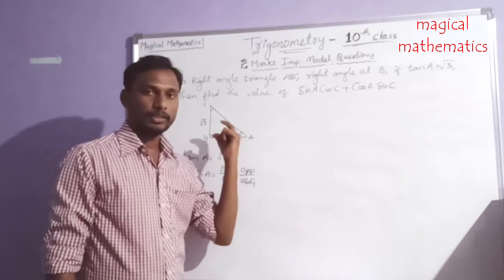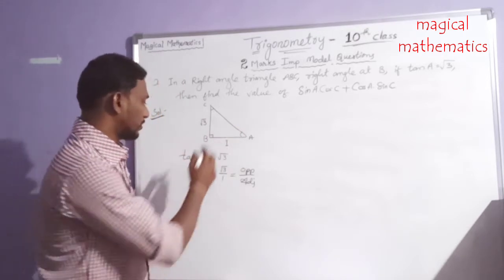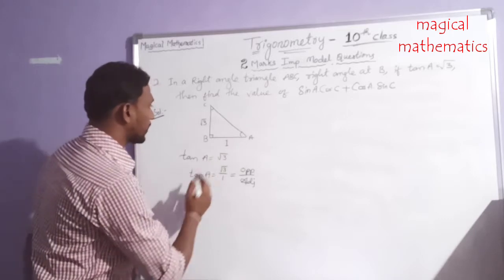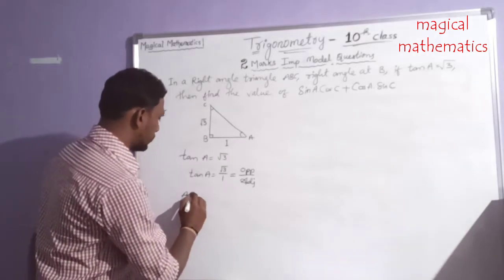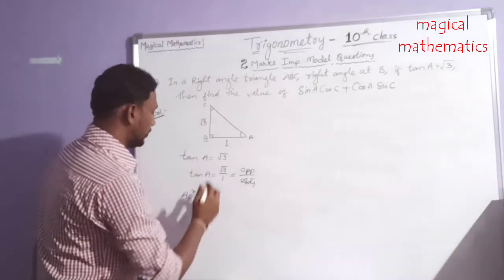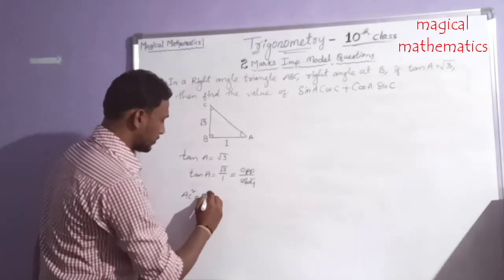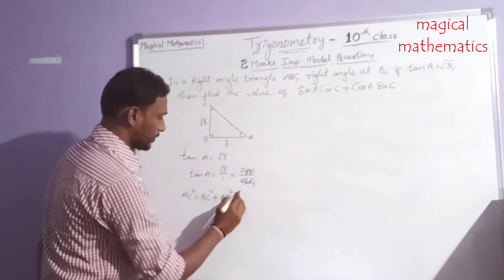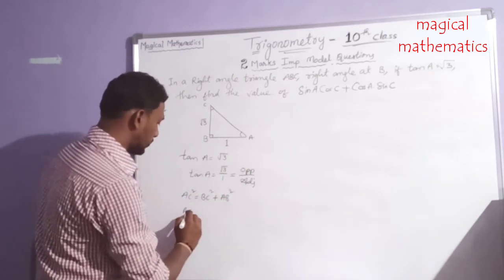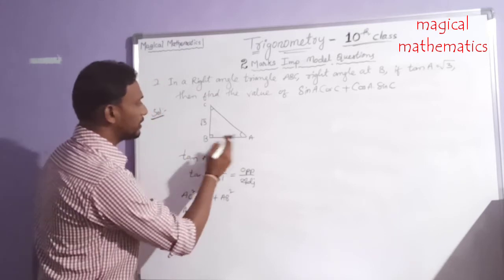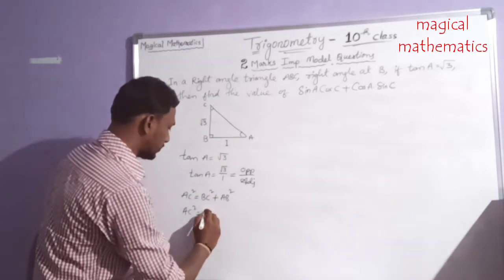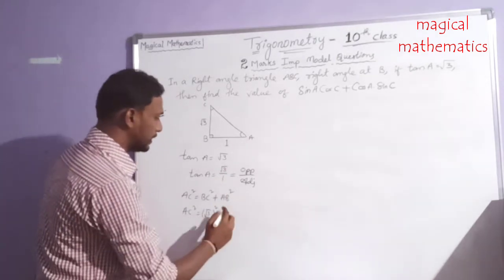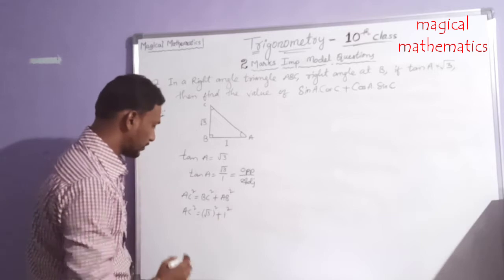So now we have to find the hypotenuse. By using the Pythagoras theorem, AC square is equal to BC square plus AB square. So AC square only we have to find. BC is root 3, so root 3 whole square plus AB is 1, so 1 square.